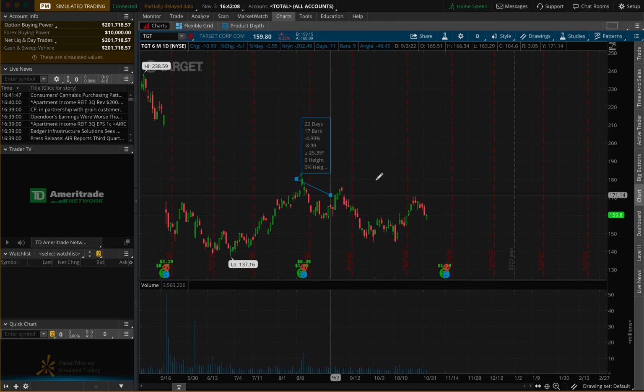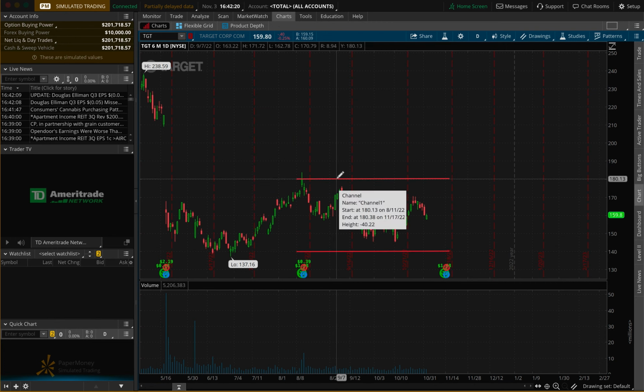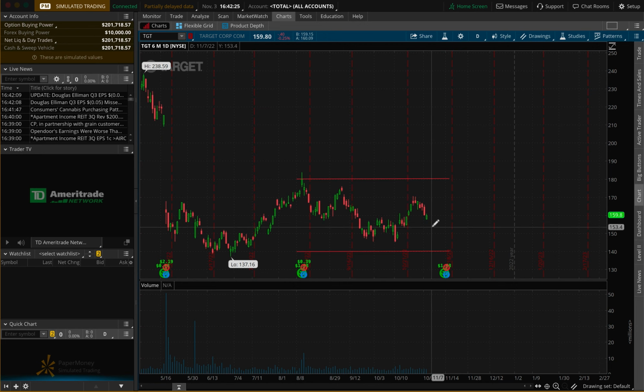We're going to say that it goes from here, pretty much something like this. See, so that is the channel that we would expect it to trade in, and because it has earnings coming up, and I do feel a little bit bullish on this, our target is going to be somewhere up here, maybe around the 170s.